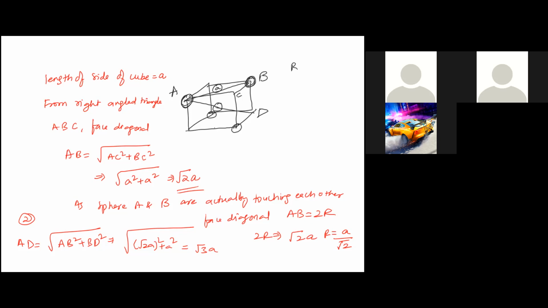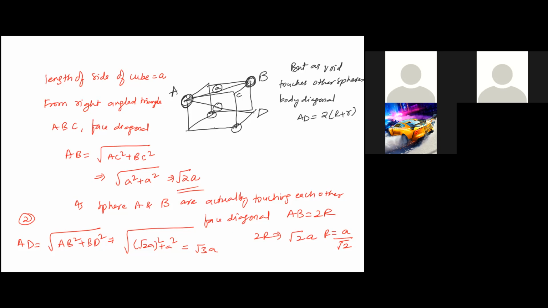So after this, you know that obviously the size of a void would be quite smaller compared to the actual sphere, right? But as the void touches the other spheres, the body diagonal AD will not be only 2R, we'll have 2 into capital R plus small r.